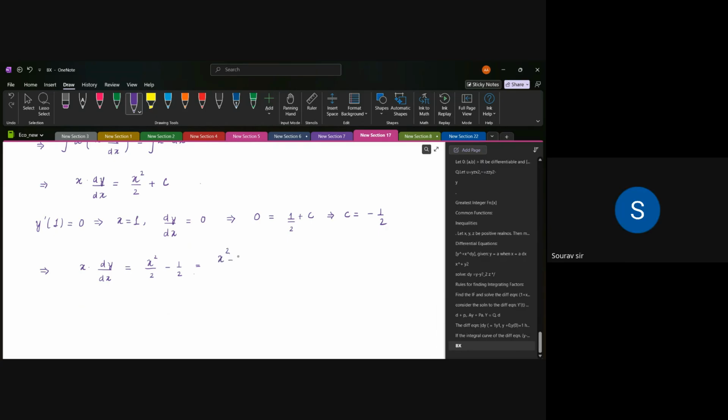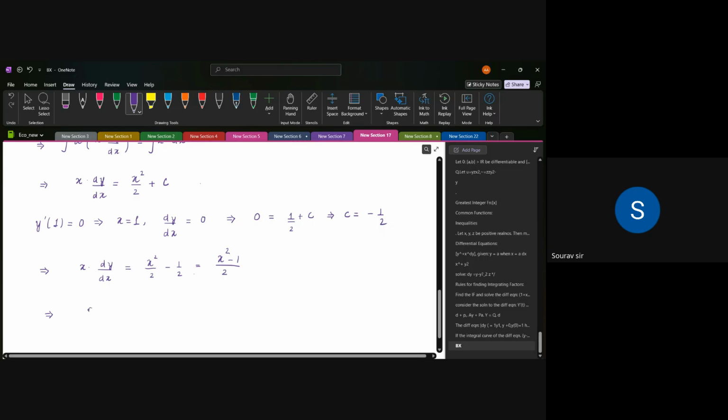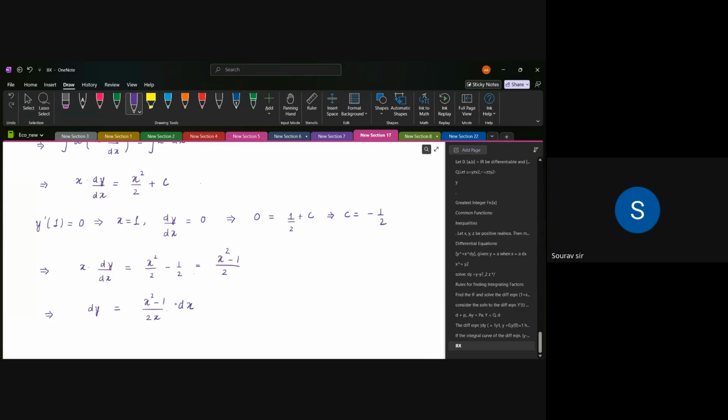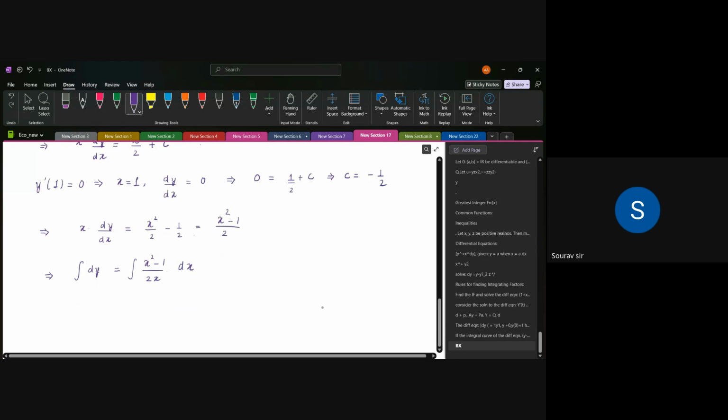Okay, so I can write this in this way. So dy will be equal to x square minus 1, this, right? Yes, so sir, now I can integrate once. Correct. So what will I get?